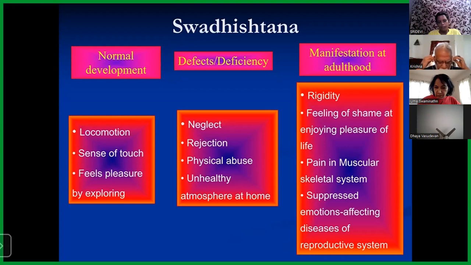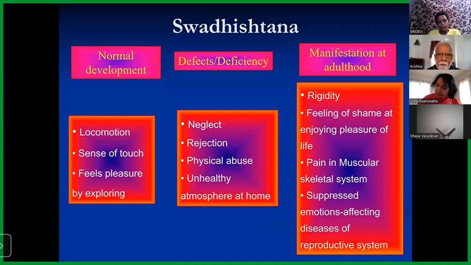So you have to be careful when the child is at the age of 6 months, 12 months, when the Swadhisthana grows. Swadhisthana growth is totally dependent on Mooladhara chakra.